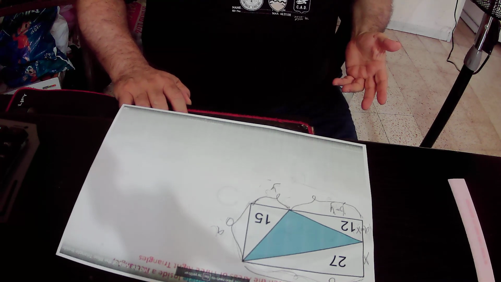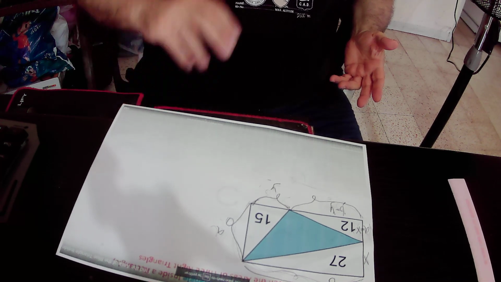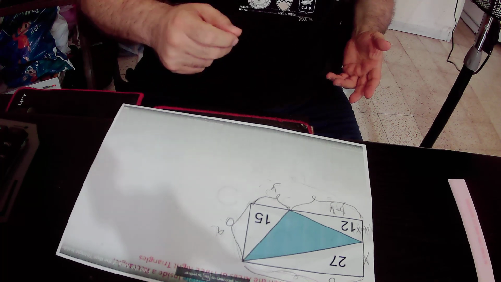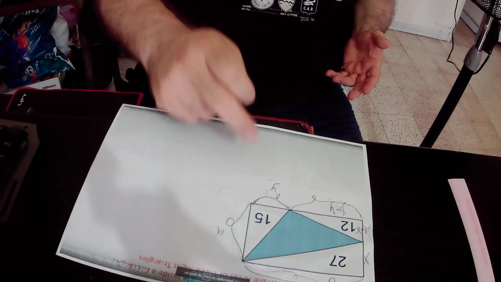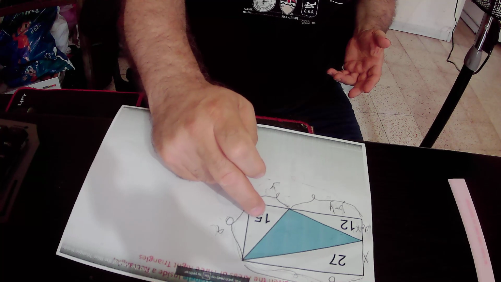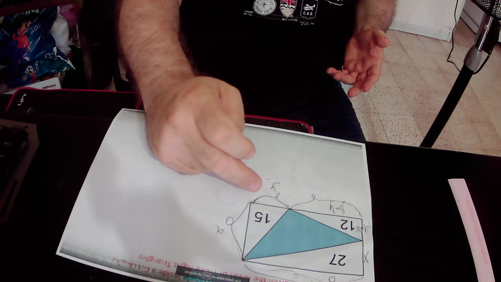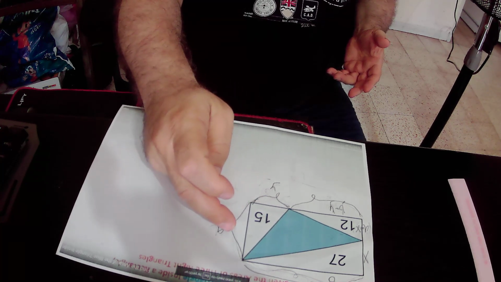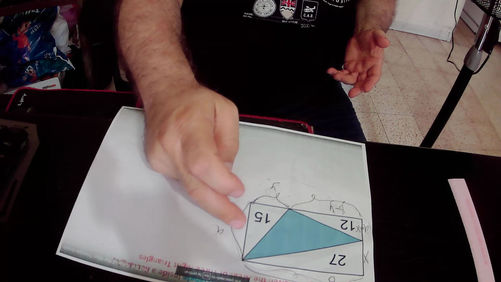We know that the area of the triangle is the base times the height to the base divided by 2. So the area of this right triangle is the base of it, that is y, times the height, that is a, divided by 2.